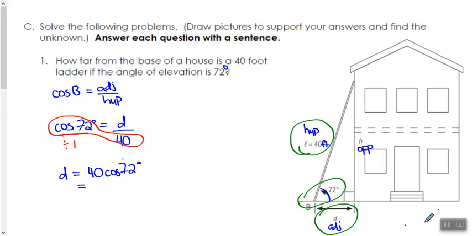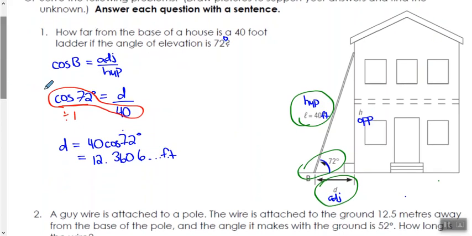So 40 times cos of 72 degrees. And putting it into your calculator, we get 12.3606, so on and so forth, feet. So it's 12 feet from the house, basically. And since this is a word problem, we are going to answer the question with a sentence.